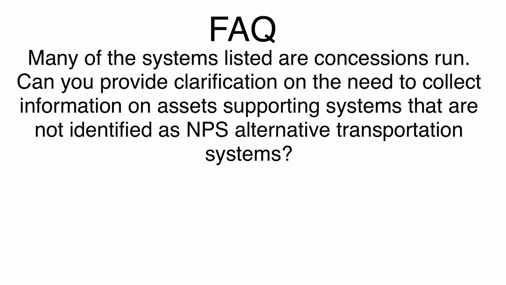Though NPS doesn't own and operate all of these systems, the non-NPS fleet utilizes assets like roads and buildings at the park. So although NPS doesn't own the fleet, they still have an impact on the infrastructure. For this effort, we'll want to be inclusive and identify all the real property involved with the transit systems at the Park Service.